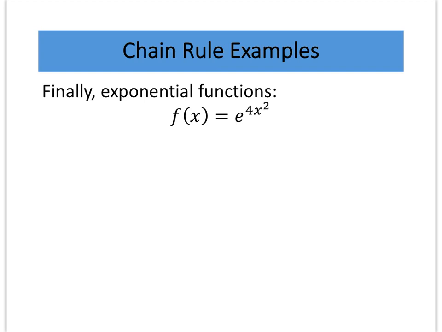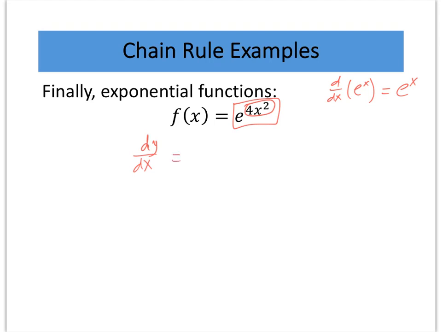And exponential functions come in many forms. Here we've got the derivative again, d over dx. And just remember that the derivative of a regular exponential function with base e is e to the x. So if I take the derivative of the whole thing, I have to remember this is my inside stuff, this 4x squared.